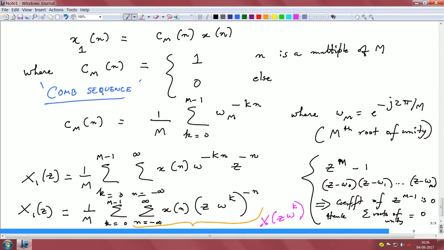If X of z corresponds to x of n, the z transform of this is basically X of z omega power k, right.